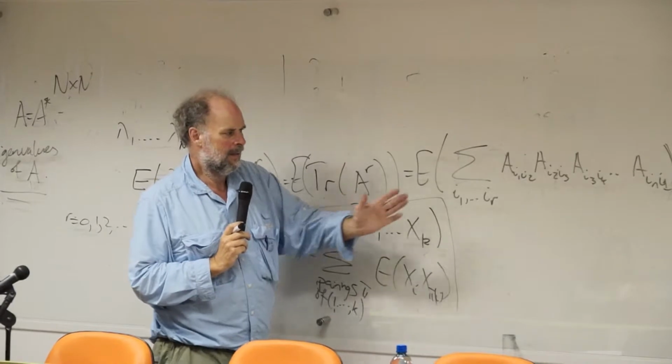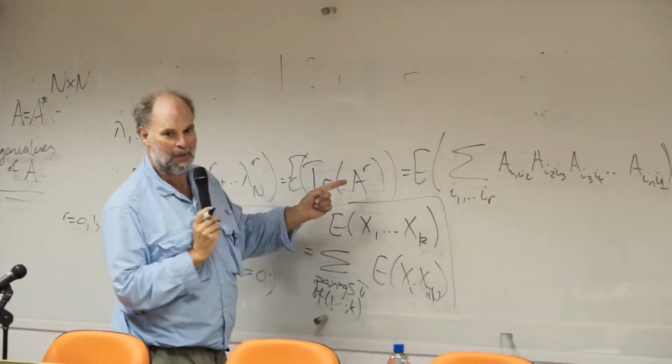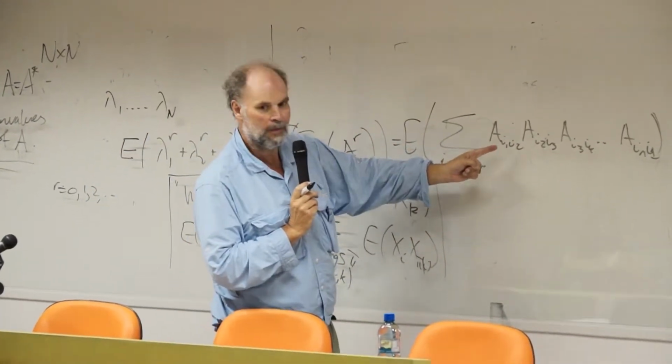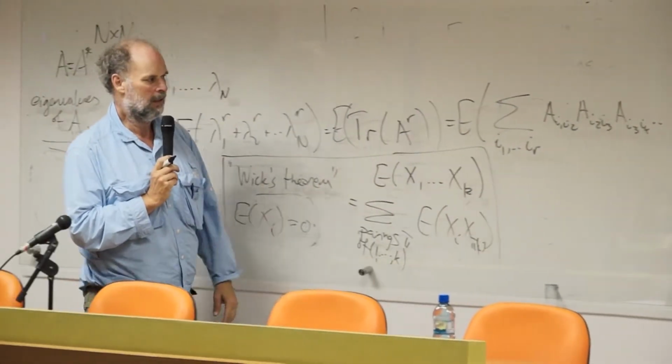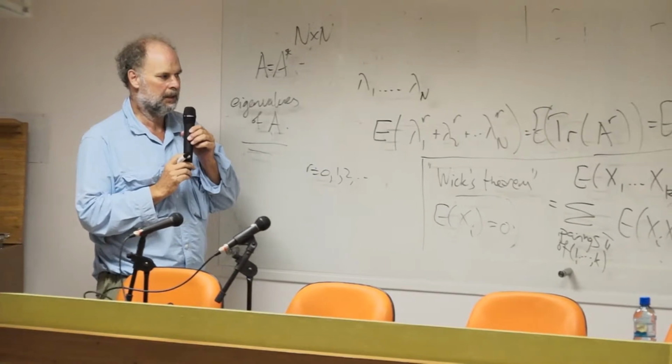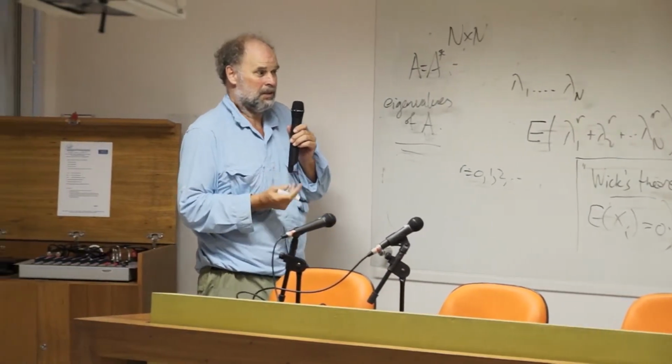Okay, all I've done is the matrix multiplication of A by itself r times, and then I've taken the first index equal to the last index and summed them up. So this is explicitly the matrix summation, an explicit formula for the trace of A to the r.